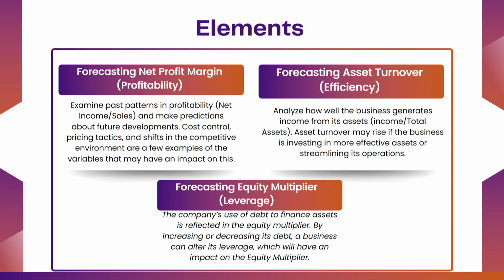Then coming to the second component, that is, when you forecast the asset turnover, which is essentially the proxy of the efficiency with which the assets have been utilized in the business, and to ensure that the assets are not in a state of idle orientation, because the more idle capacity in a business, the less the efficiency with which those assets have been utilized.